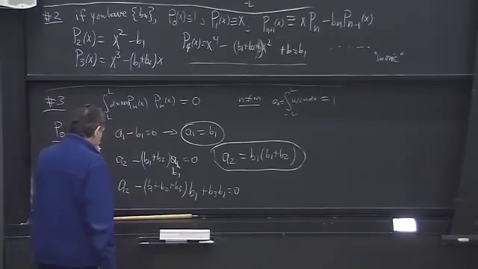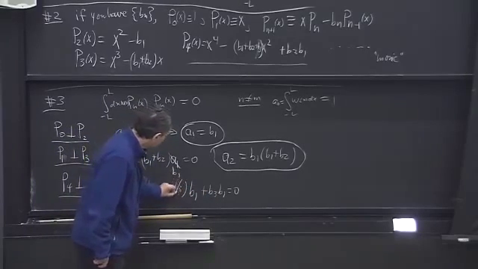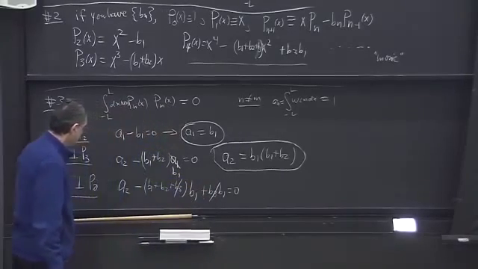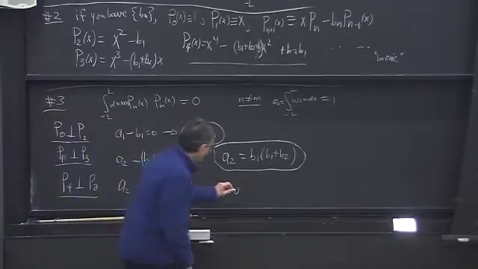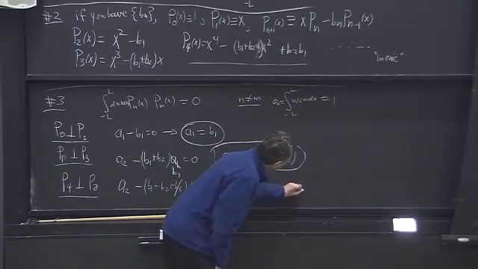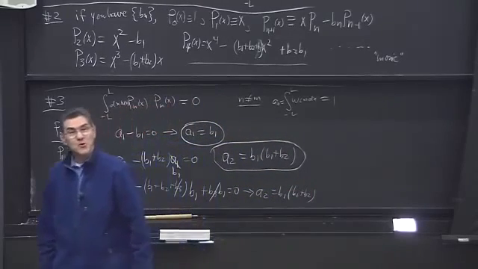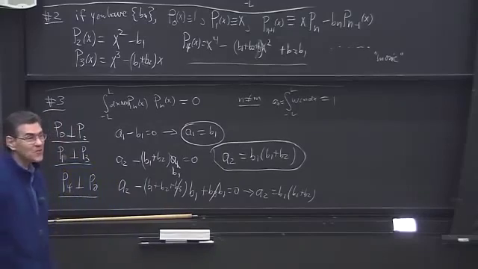Here is a plus b3 b1, here's a minus b3 b1, so those cancel. And we learn that a2 is equal to b1 times b1 plus b2. We learned that already. This is not new.